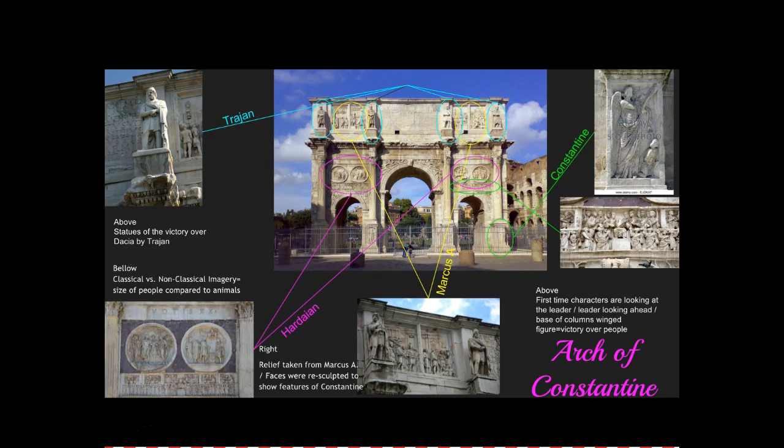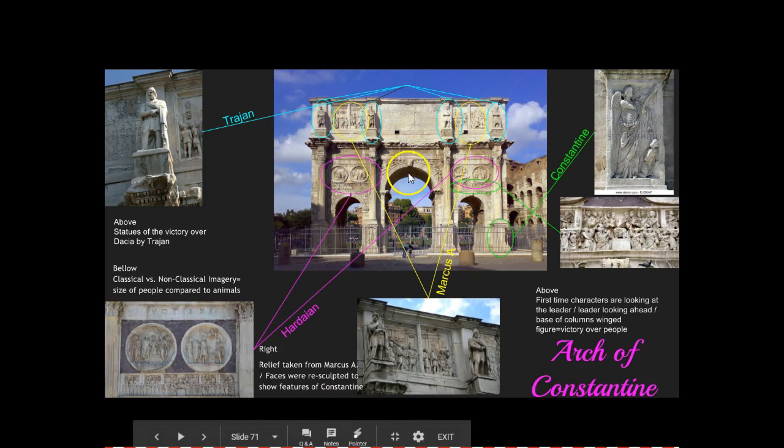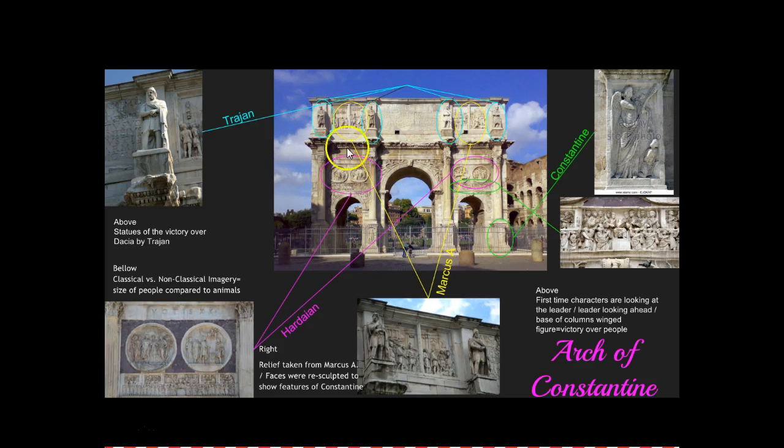We'll talk more about this in class. On each aspect of this arch, we've got different great rulers of Rome that Constantine was basically pulling together to show his power.